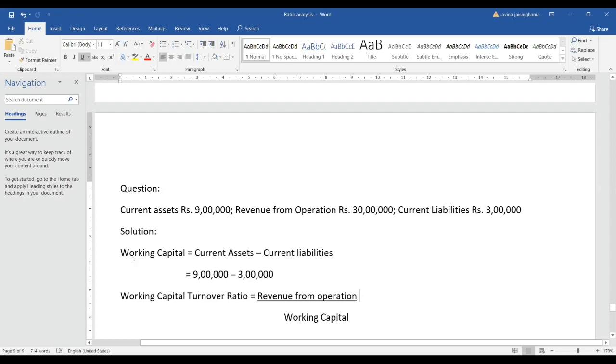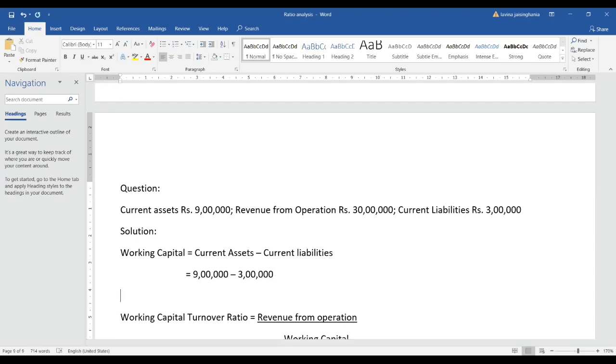First of all, we'll find working capital. Working capital is current assets less current liabilities, so 9 lakh minus 3 lakh gives 6 lakh. So working capital will be 6 lakh.